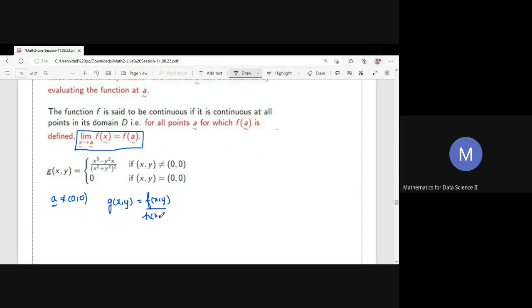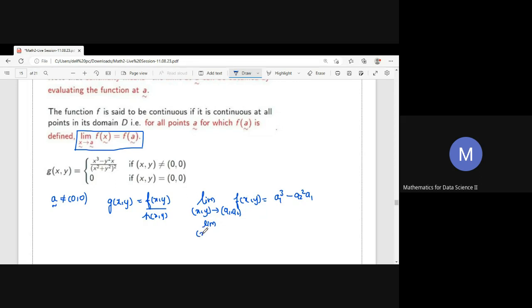Now what is the limit as x comma y goes to some a1 comma a2 of f of x comma y? They are just polynomial functions, right? So the answer is a1 cube minus a1 a2 square. You know that this limit exists.